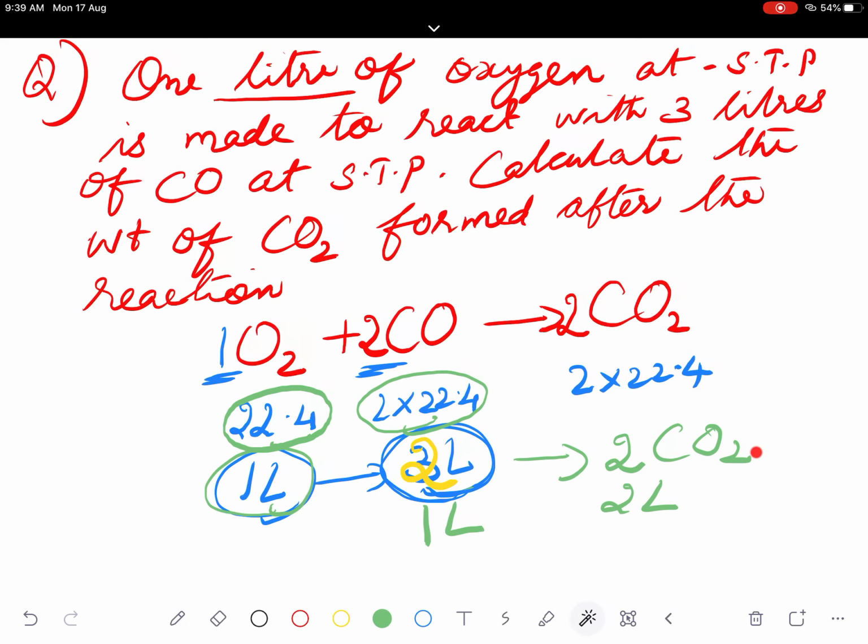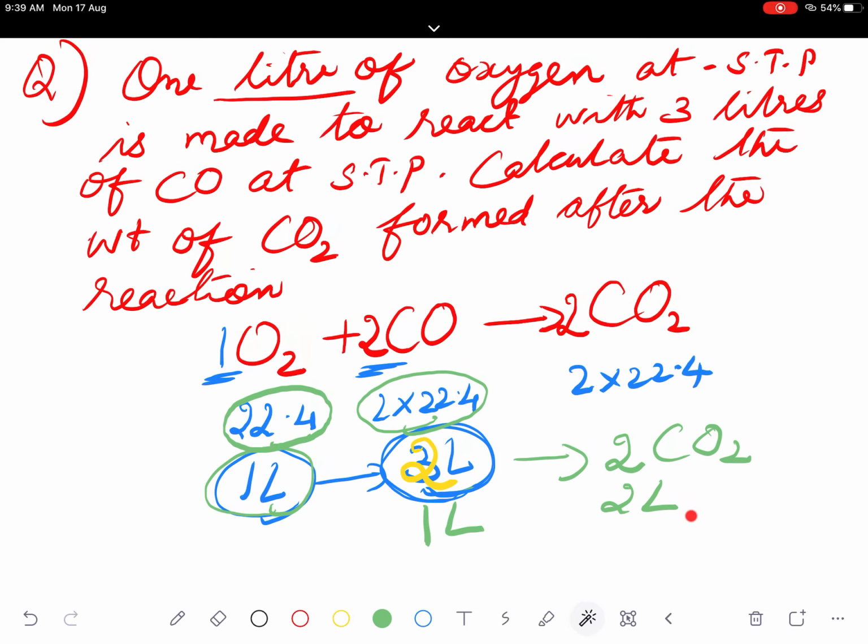You have to convert these 2 liters of carbon dioxide into weight. And one statement we know: 22.4 liters of carbon dioxide at STP weigh how much? 1 mole, that is 44 grams. So all of you write down.